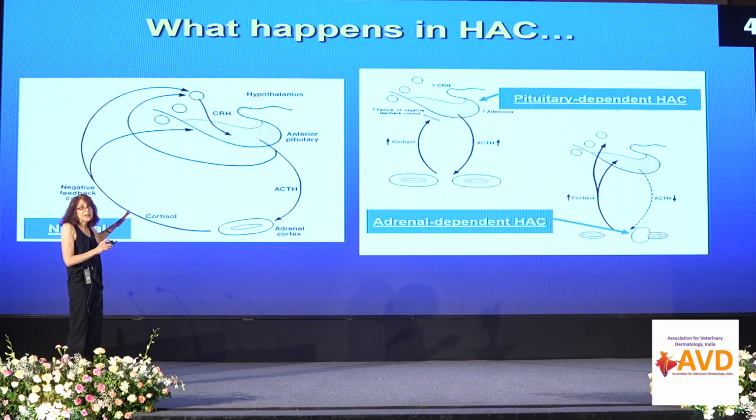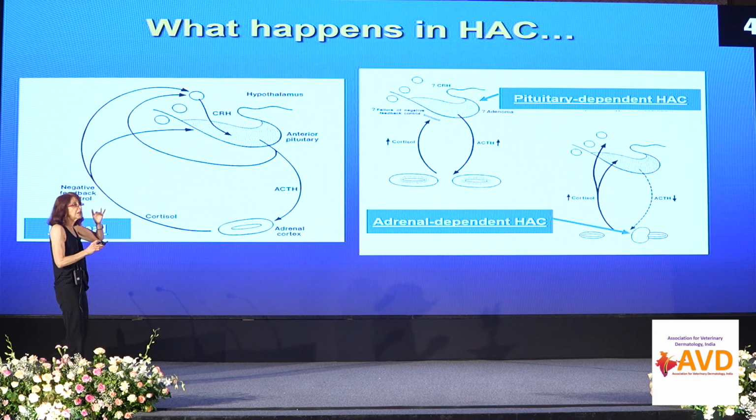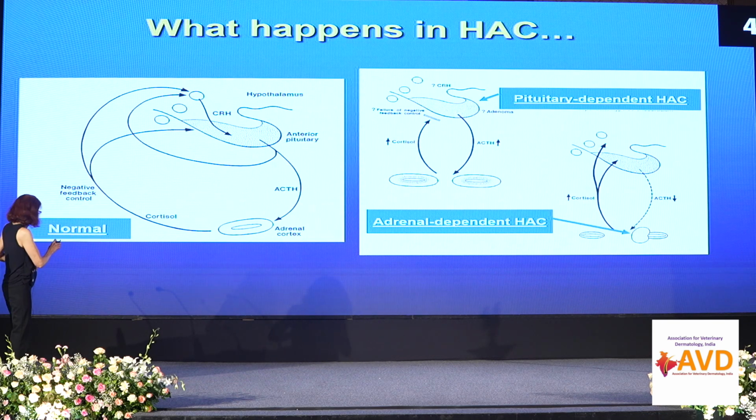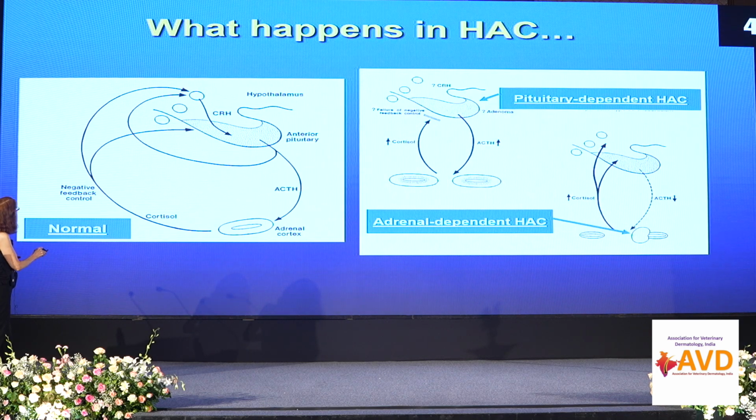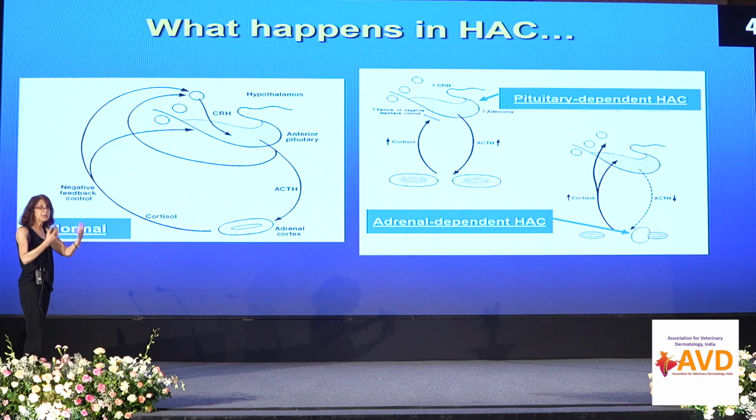So let's review the hypothalamic-pituitary-adrenal axis. This is what's normal, just to refresh your memory. The hypothalamus secretes CRH, corticotropin-releasing hormone. That hormone reaches the anterior pituitary and tells the corticotropes to synthesize and secrete ACTH, adrenocorticotropic hormone.